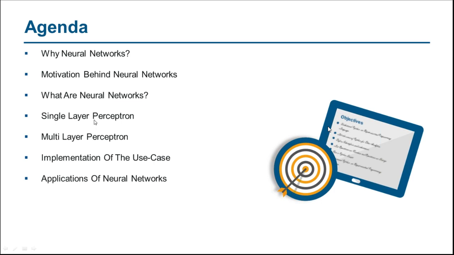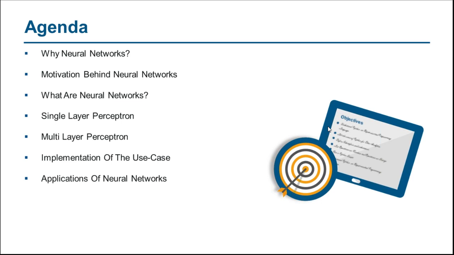We will talk about neural networks, and then the simplest neural network, which we call a single layer perceptron. After that we will switch to a more complex neural network, called a multi-layer perceptron. Then we will see one case study, which I already mentioned in the beginning, detecting fake or real banknotes. And after that we will discuss some of the applications where neural networks are being used nowadays.